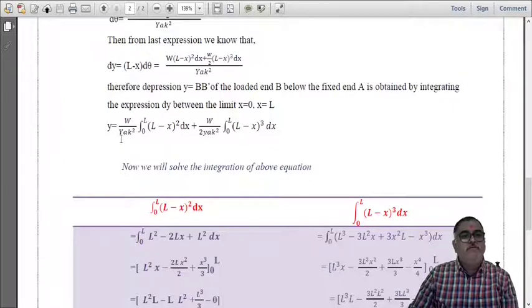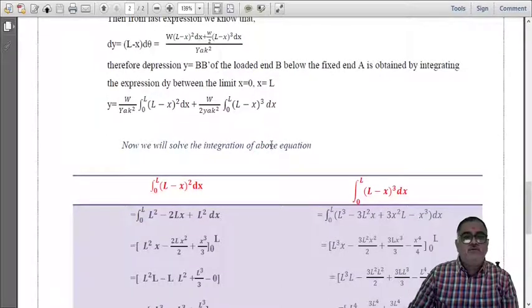Therefore, by taking the integration of this quantity, and this quantity will be outside of the integration sign, w by y ak square integral of (L minus x) square into dx between the limit 0 to L, plus again w divided by 2 y ak square, this much quantity, integration of (L minus x), this much w by 2 (L minus x) cube into dx.